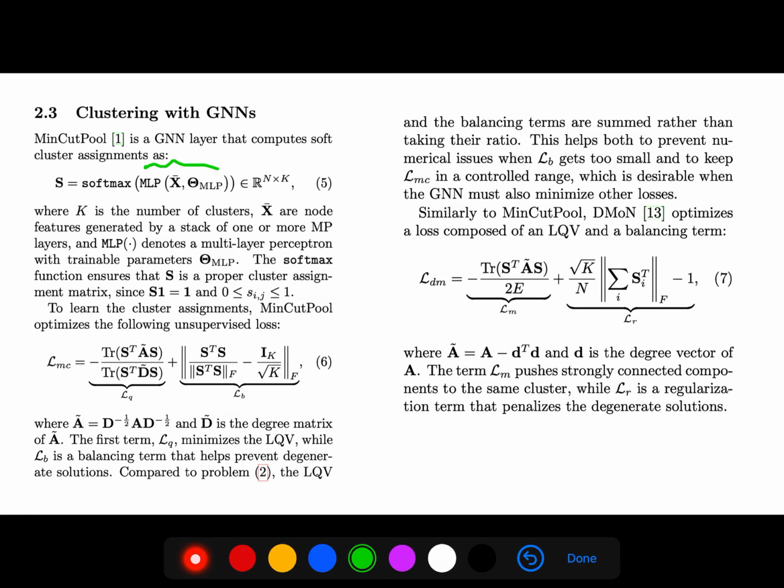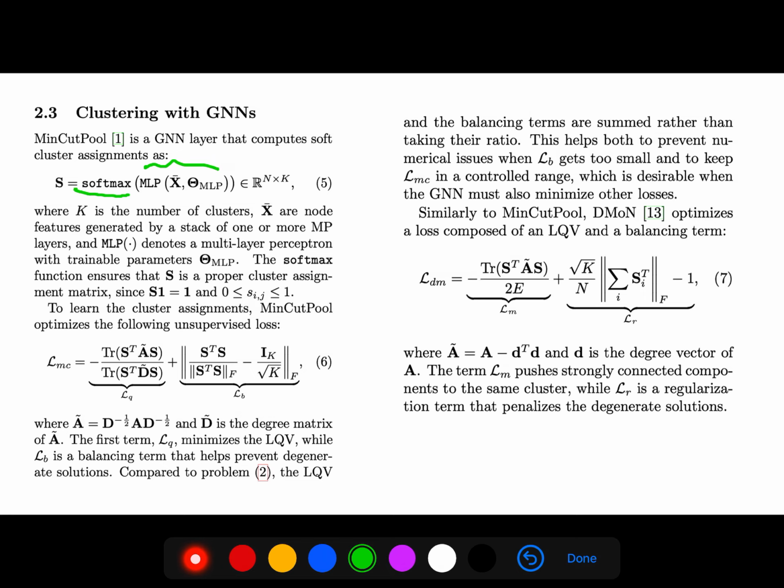You can use backpropagation, easily justified mathematically. So X bar are node features generated by a stack of one or more message passing layers. And the softmax ensures S is a proper cluster assignment matrix, because this is the nature of softmax. The sum should be 1.